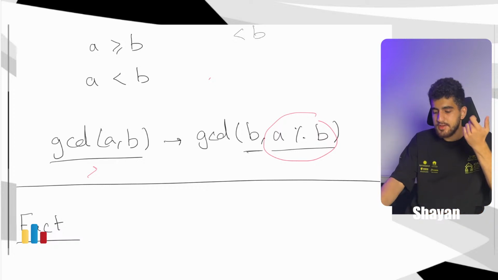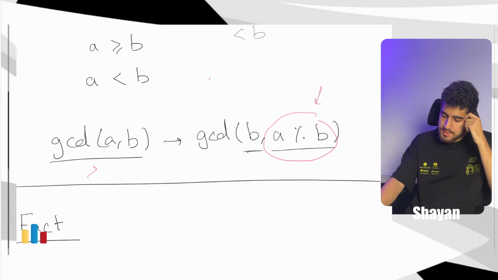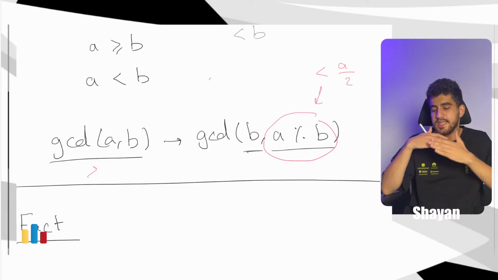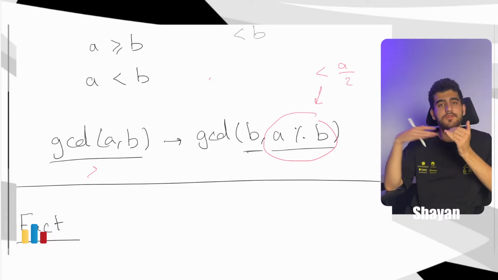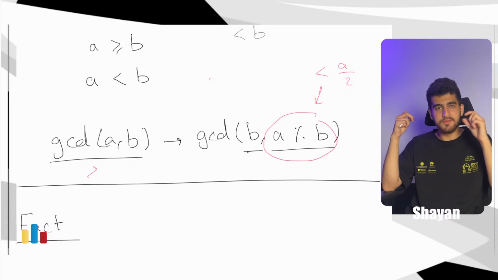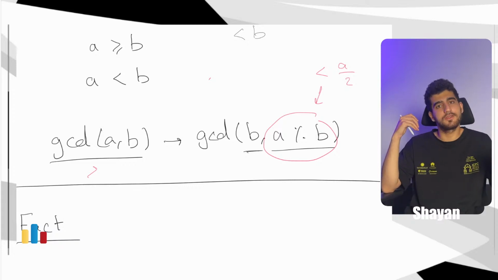If A is greater than or equal to B, A modulo B will be less than A half, so we are sure that A will lose at least half of it. So we make sure that we are really making our numbers smaller.